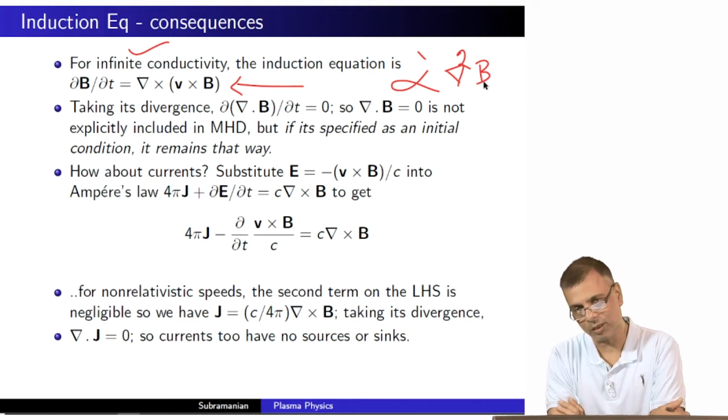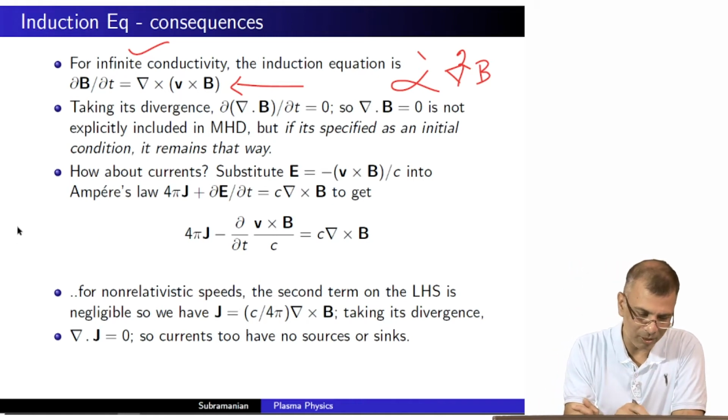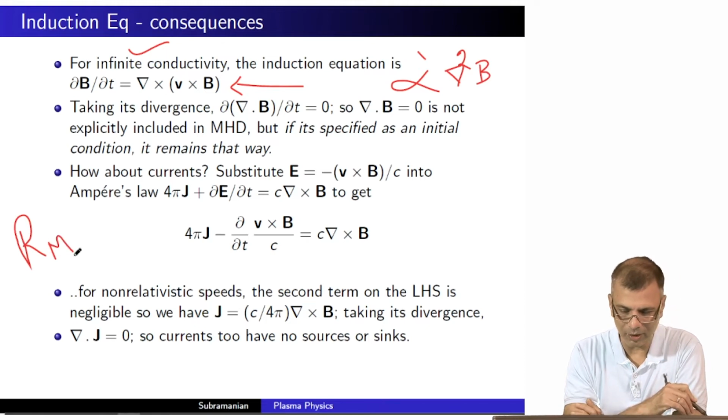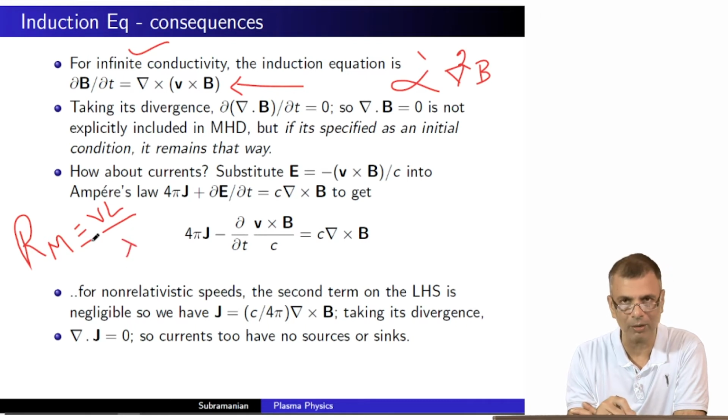and we also talked a little bit about the magnetic Reynolds number R sub m. Okay, and the magnetic Reynolds number looks very much like the fluid's Reynolds number, except here you have the appearance of the resistivity. It is something like the resistivity appears at the bottom.